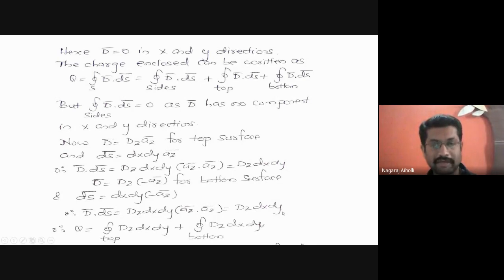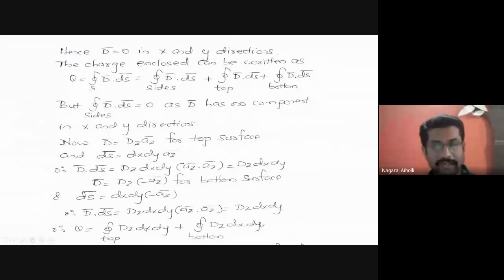Then what will be the integral of the top and bottom surface, students? Therefore, q, I can write as the closed surface integral of dz dx dy, whatever we have got here.